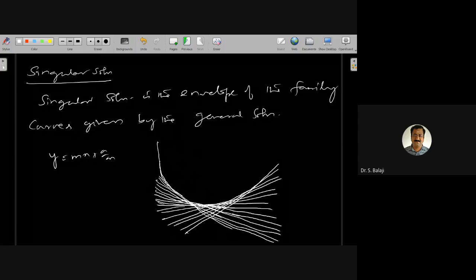This is the curve, and its shape is like a parabola.